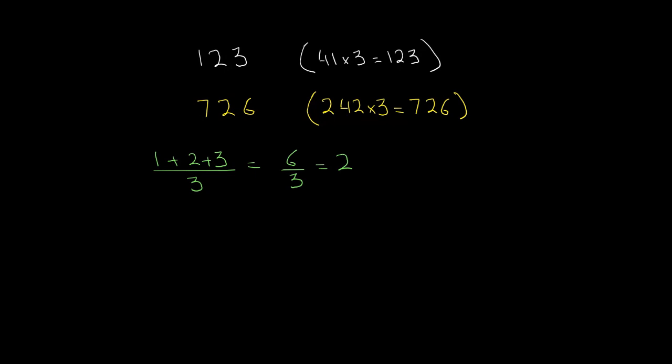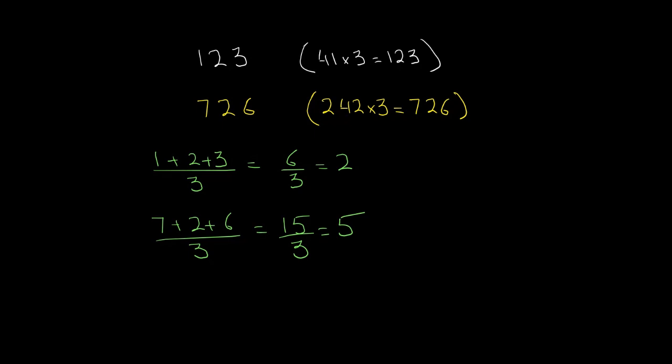And if you try another number like 726, 7 plus 2 plus 6 over 3 is just 15 over 3, which is equal to 5. So the sum of digits is also a multiple of 3. It's not true in general.